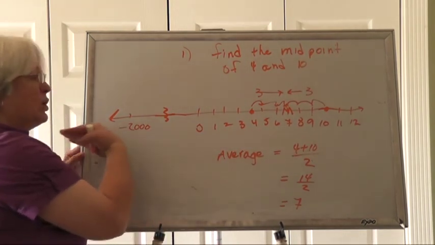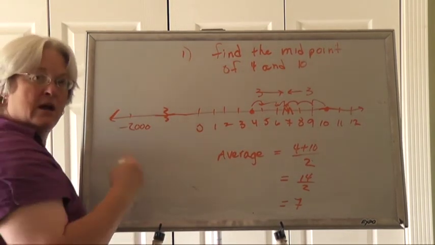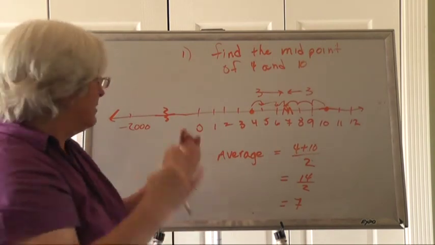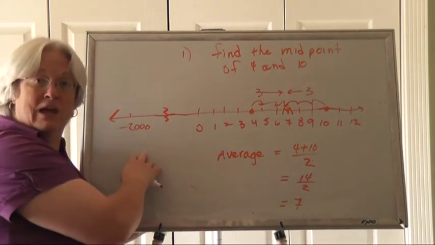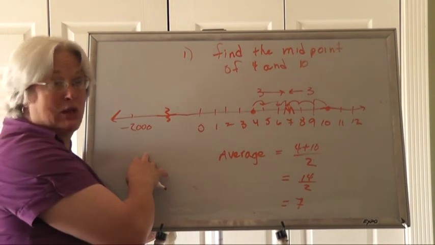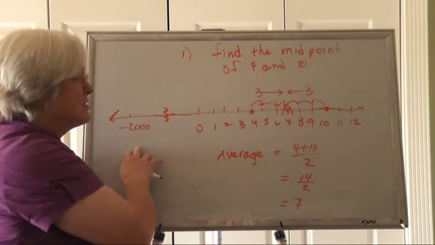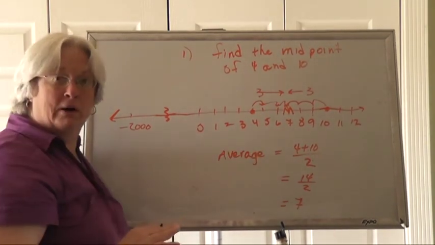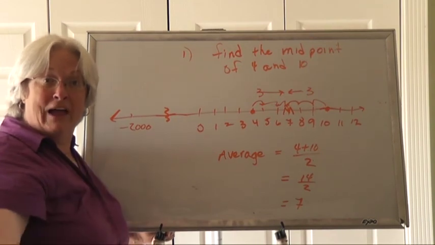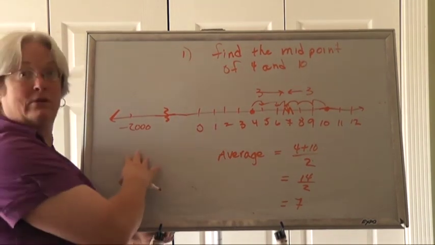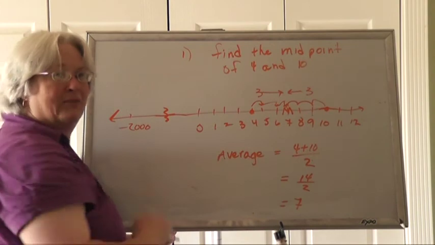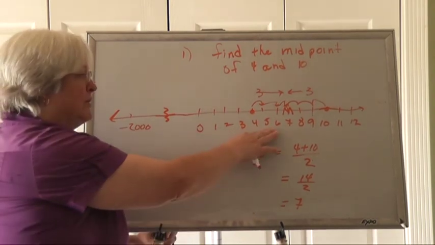The larger the negative number gets, the smaller its actual value is. Think about owing your mother $2,000, or having $5 in your pocket. Which would you rather have? Would you rather owe someone $2,000 or have $5? Well, of course, you'd rather have $5.